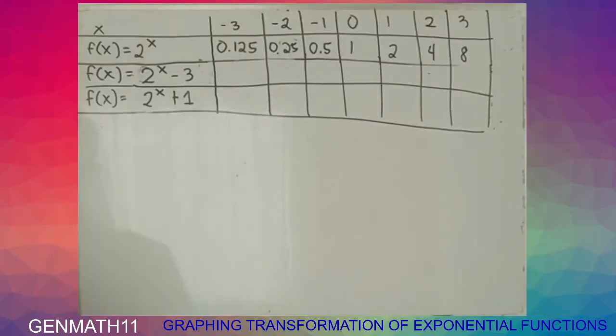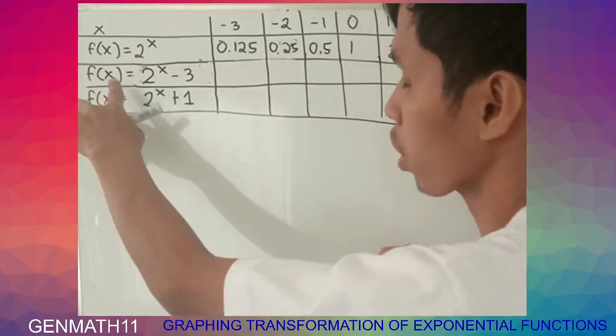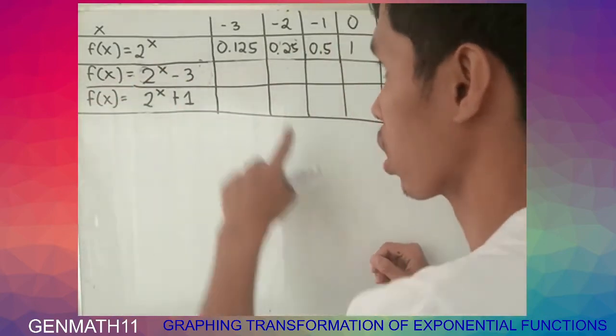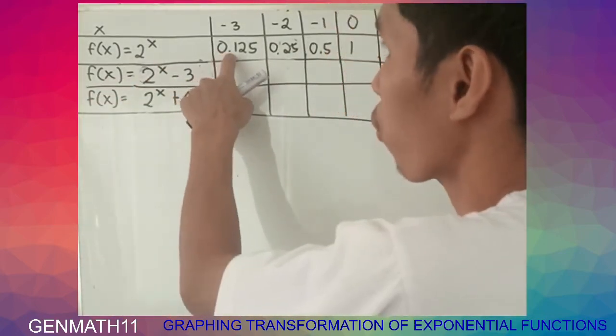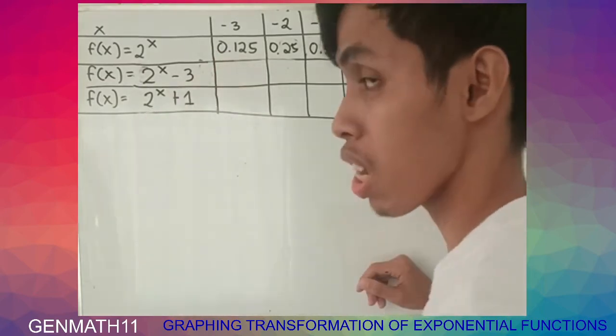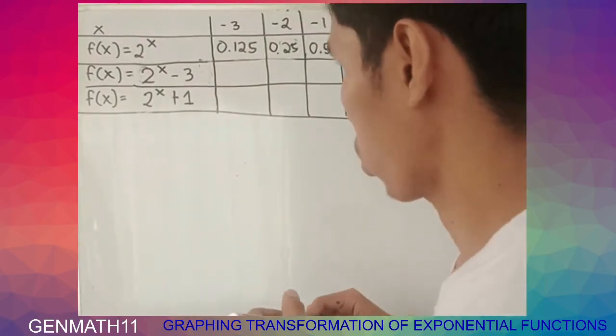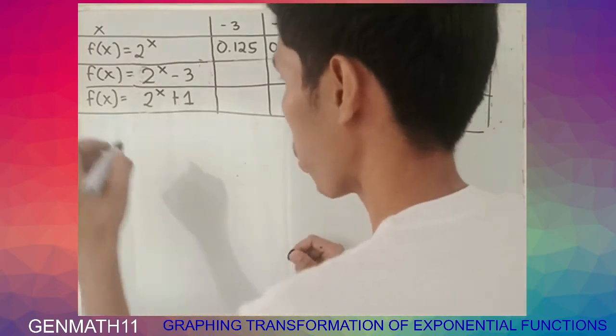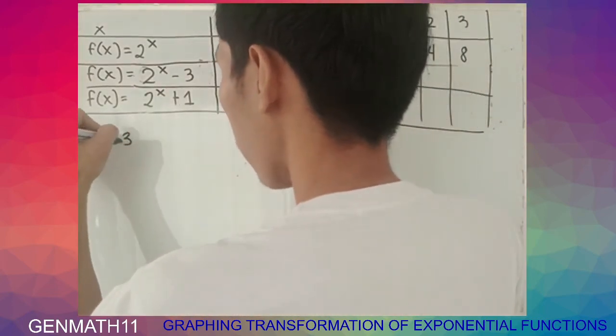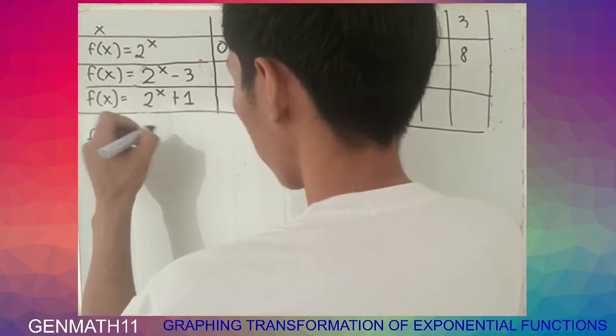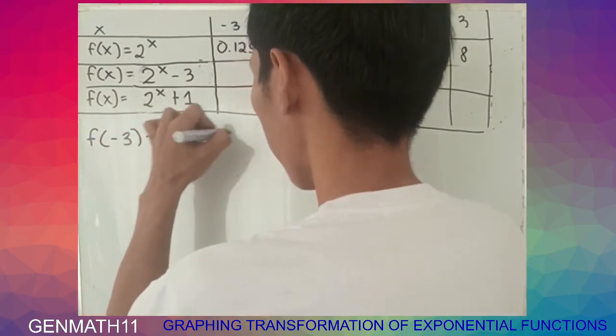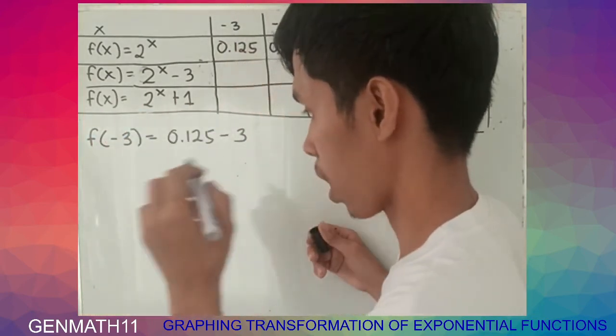Okay. So, gawin lang natin dito sa f of x equals to 2 raised to x power minus 3. Yung value of y natin kanina, i-minus na lang natin sa 3. Ibig sabihin, f of negative 3 equals 0.125 minus 3. So, i-minus natin.